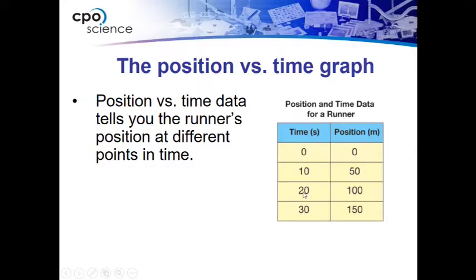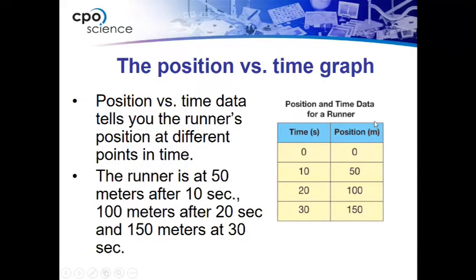At 20 seconds, the runner moves at 100 meters. And at 30 seconds, the runner moves at 150 meters. The runner is at 50 meters after 10 seconds, 100 meters after 20 seconds, and 150 meters at 30 seconds.